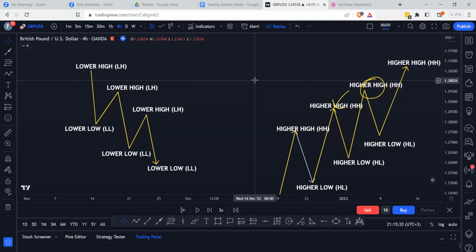In an uptrend, and in a downtrend, we sell at resistance. I'll take it again. In an uptrend, we buy at support, and in a downtrend, we sell at resistance. Right? I'm repeating myself consciously so that you don't make a mistake.